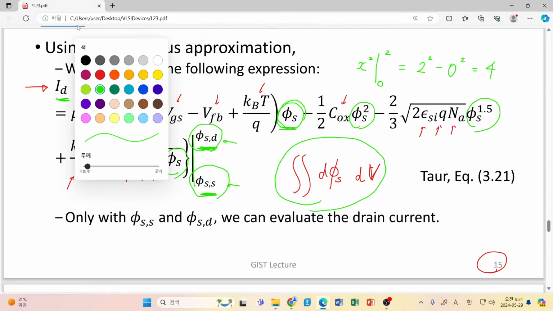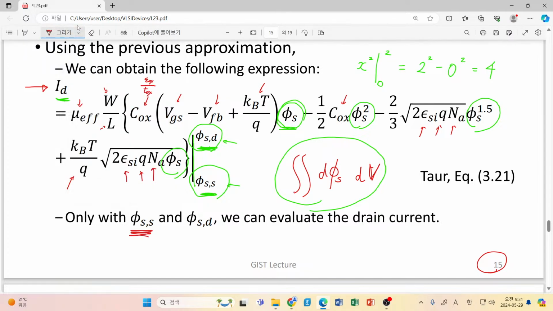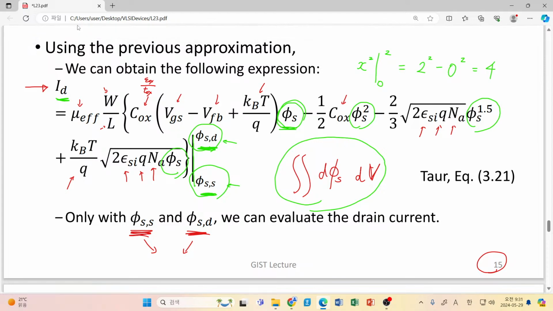Then the next question is, how can you calculate source side surface potential and drain side surface potential? These two quantities we can calculate by using our MOS equation. Do you remember our MOS equation? We considered the voltage division between oxide and semiconductor. By solving that one-dimensional Poisson equation, we were able to calculate surface potential, and we can apply it twice, for two boundary values.